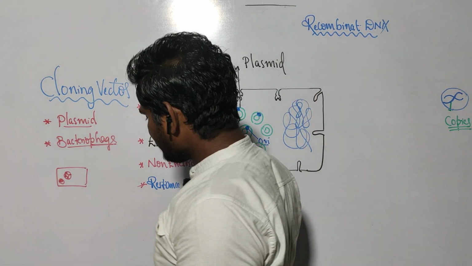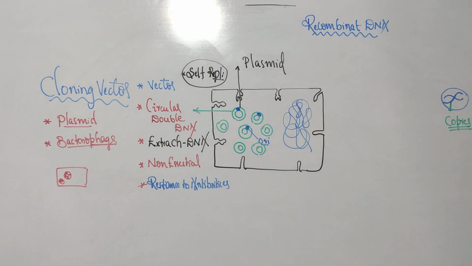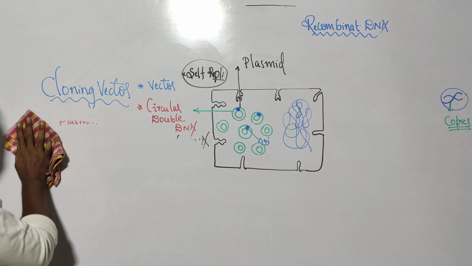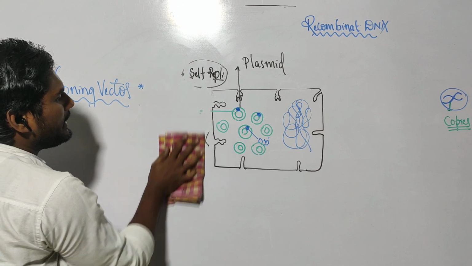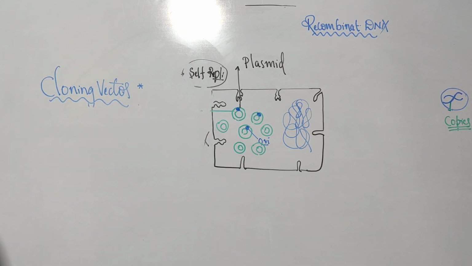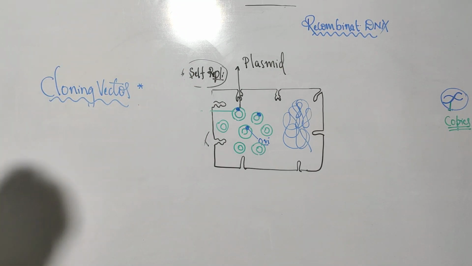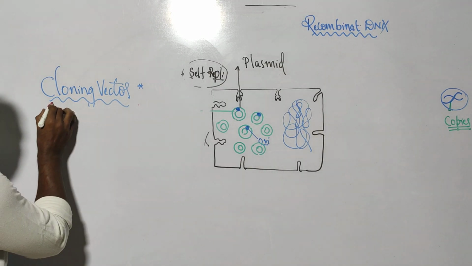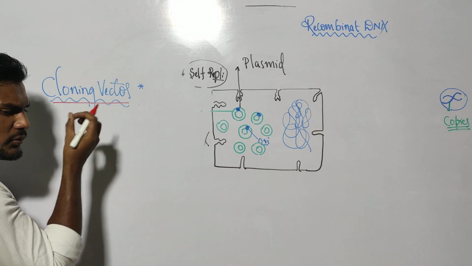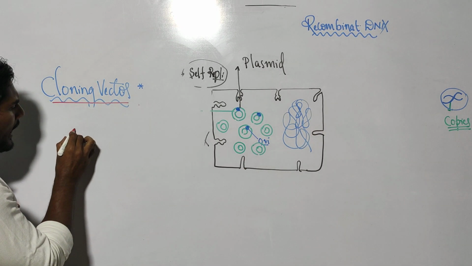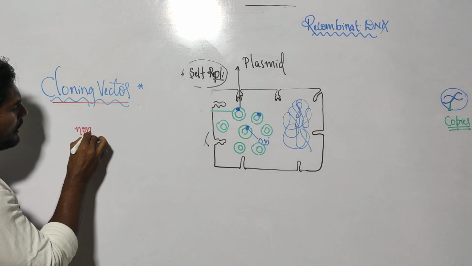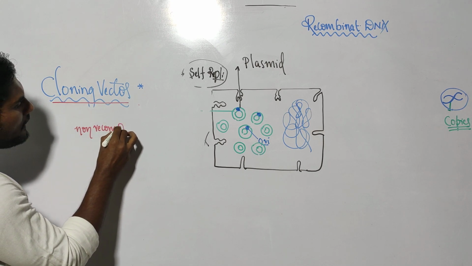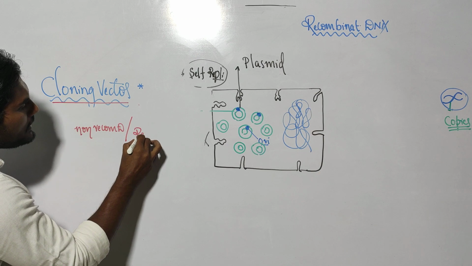Okay, now let's see. Regarding the plasmid, this is important. Take a screenshot if you want. Now you remember, nowadays plasmids are also used in the engineering technique to identify the non-recombinants and recombinants.